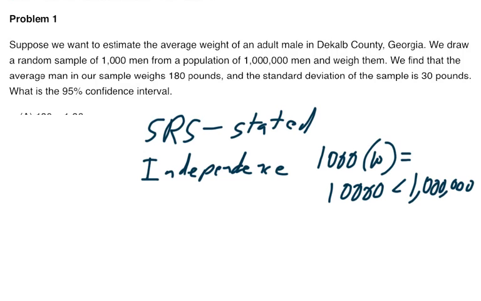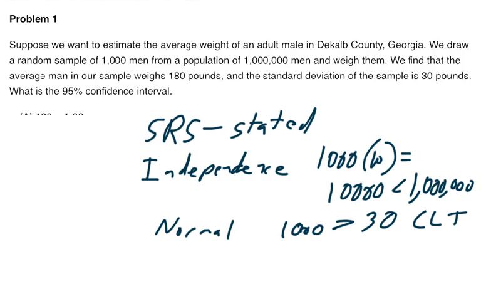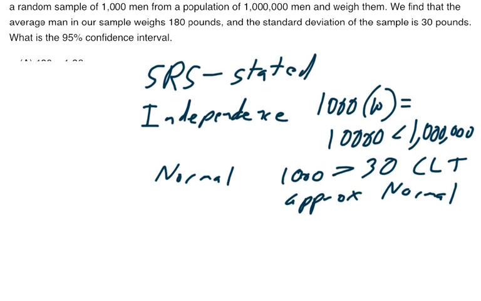So independence is okay. And for normal, 1,000 is definitely bigger than 30. So the CLT means that we have something that is approximately normal. So we have completed step 2 as soon as we say that we are going to do a 95% T confidence interval.